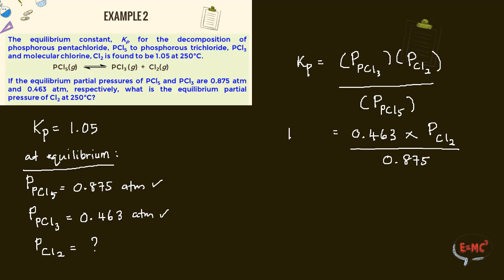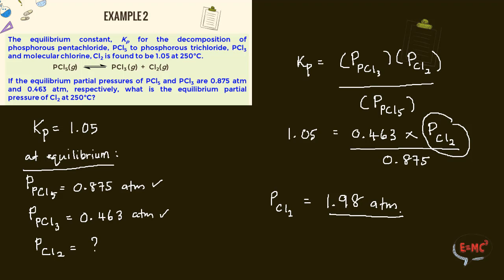This is equal to 1.05, but you are going to solve the partial pressure of chlorine. So by using your calculator, mathematical operation, you will get the final answer, which is 1.98 atm, including the unit.